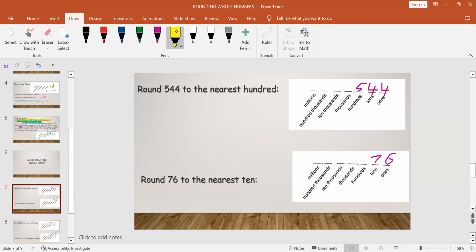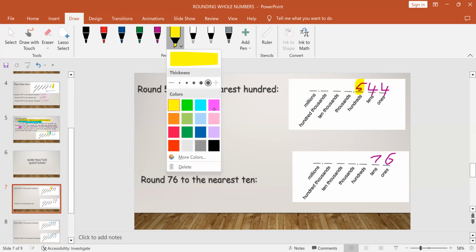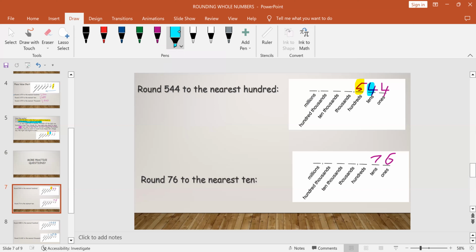Let's use yellow, and that digit for the 100 is 5. Okay, we check the right side. Again, I follow the same colors I used before. On the right side we have a 4.